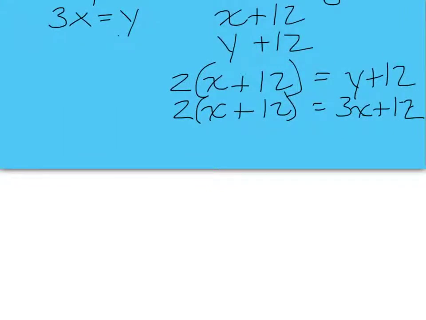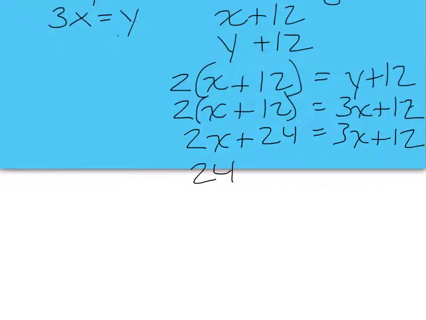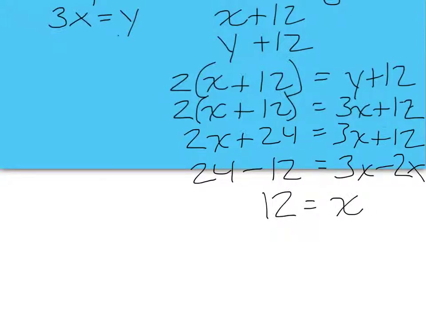So now I have one variable and I can solve. First I'm going to distribute 2x plus 24 equals 3x plus 12. I notice that I have more x's on this side, so I'm going to group my x's on this side to keep them positive. So on this side I have 24 and my 12 comes over. And this 2x comes over and is negative. 24 take away 12 is 12. 3x take away 2x is x, and that's where we are.